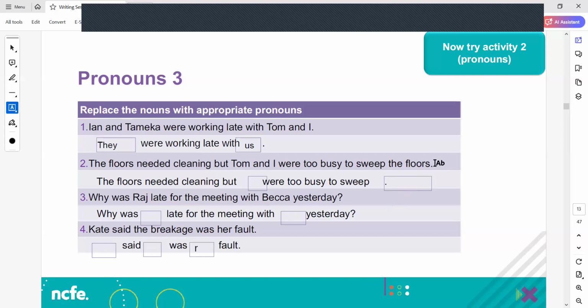Let's have a look. Can anyone else suggest for floors what the pronoun should be? So floors is plural. So there's more than one floor. Okay. Them. Good. And Tom and I as well. We. We, good.